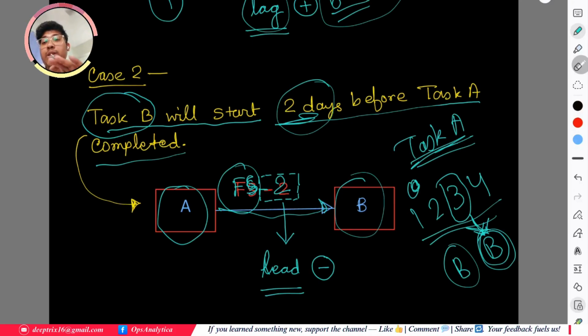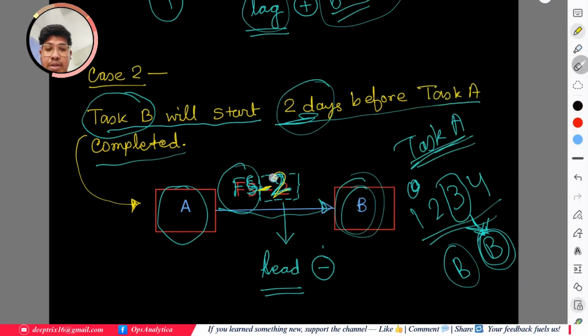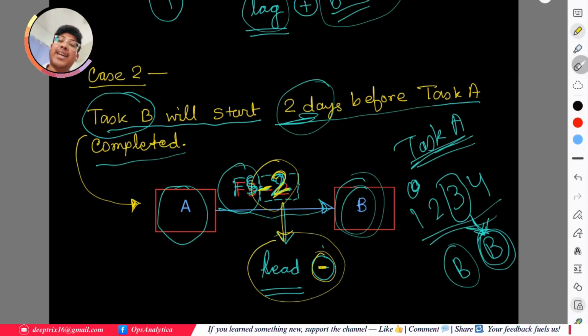Finish to start means task A completed, then B starts, and if we are giving minus 2, that means 2 days before task A is completed, task B will start. Basically we give the significance to minus 2, because minus 2 means lead. Whenever we are talking about lead, we use minus. So basically this is the concept of lag and lead.